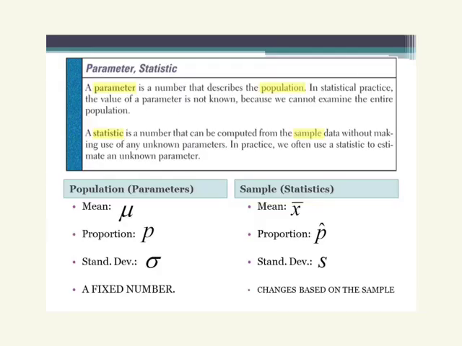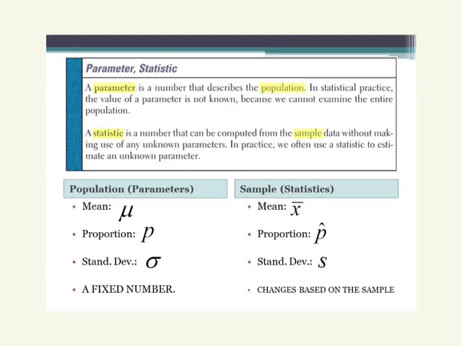Let's go back real quick and review some important terms and symbolism that we've learned over the course of our AP Stats course so far that are going to start to be really important as we move into this process of statistical inference. So the terms that we want to review are the ideas of parameters and statistics. Remember, way back in the beginning of AP Stats, we said parameters are numbers that describe the population. Right?